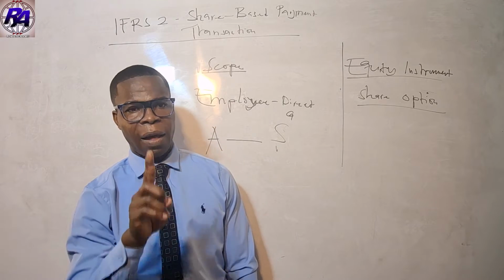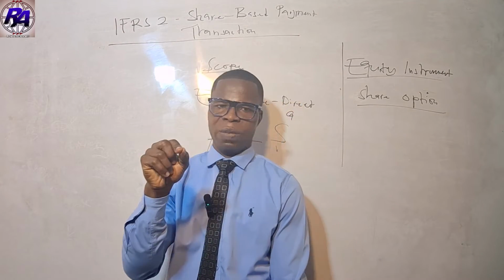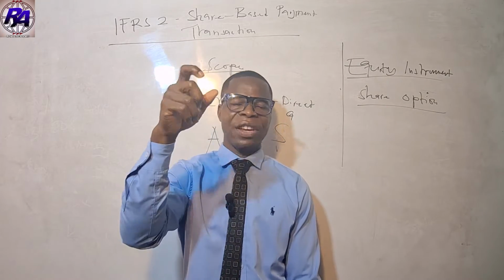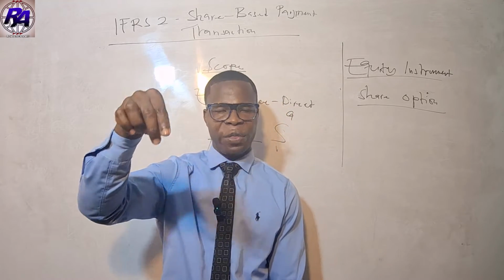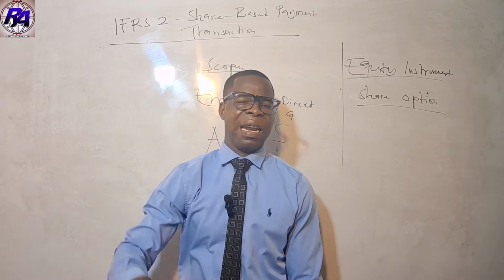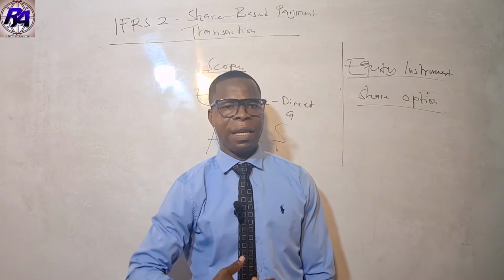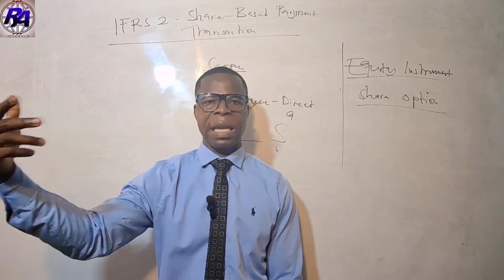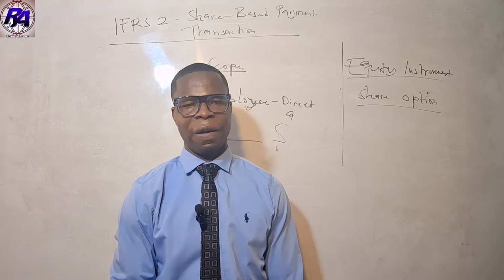Once again, under IFRS 9 and IAS 32, which have to do with financial instruments, when an entity is exchanging non-financial assets with a financial instrument, that is also not accounted for under IFRS 2.